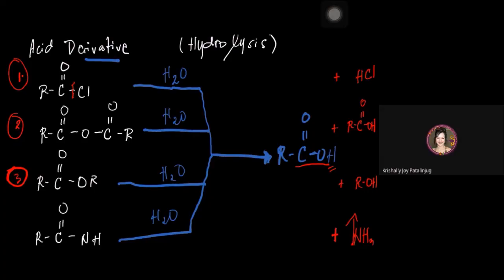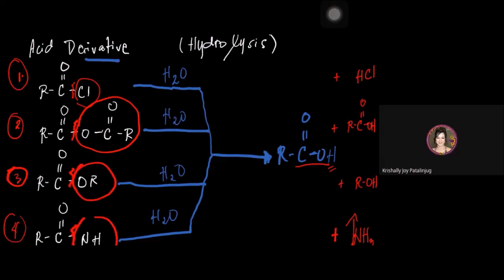Now, when we talk about the reactivity of these acid derivatives, the reactivity is most likely based on the electronegativity property of their substituents, particularly the electronegativity of their leaving groups. That is the basis of their reactivity as acid derivatives.